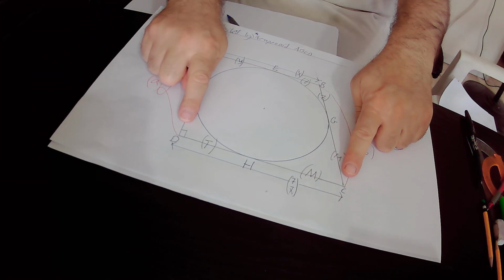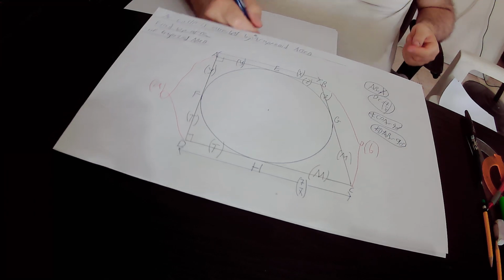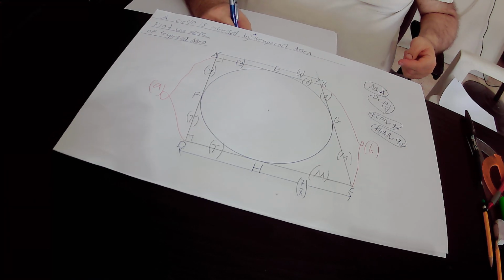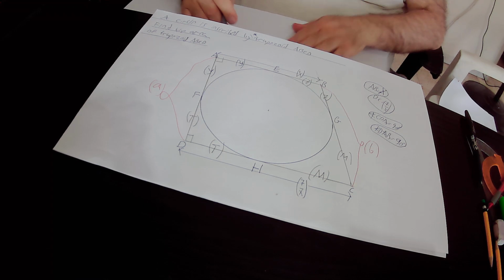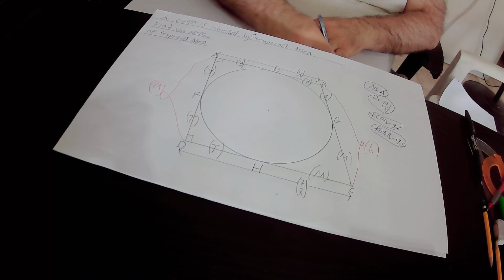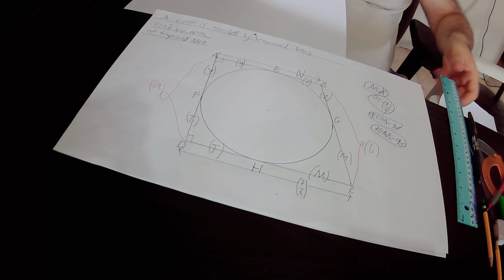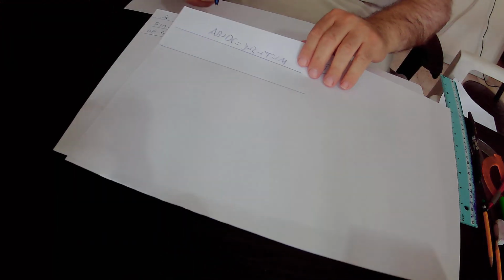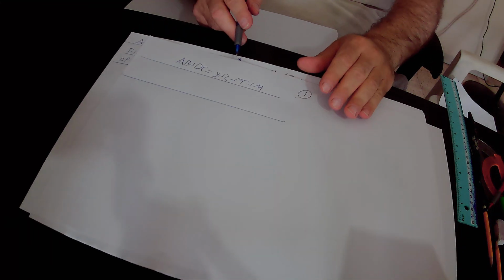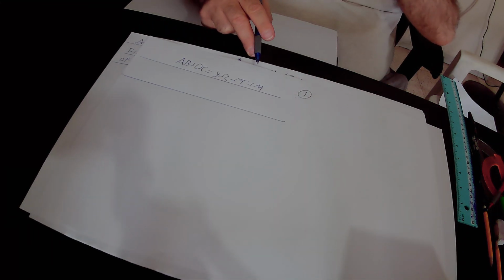So DC, according to rule 2, equals T plus M. So we found that in total AB plus DC equals Y plus Z plus T plus M.